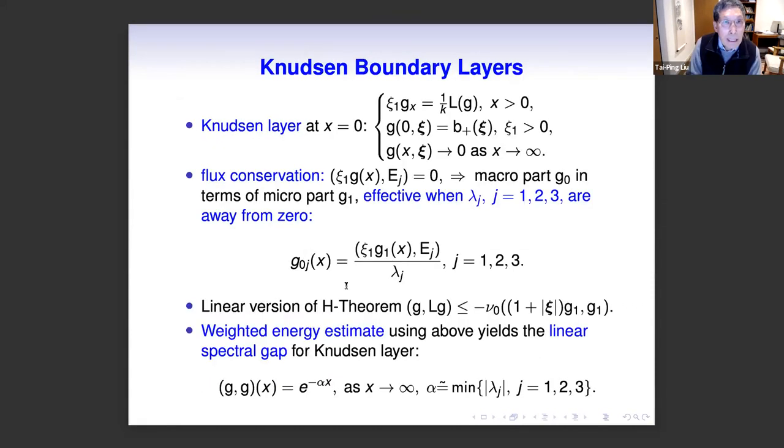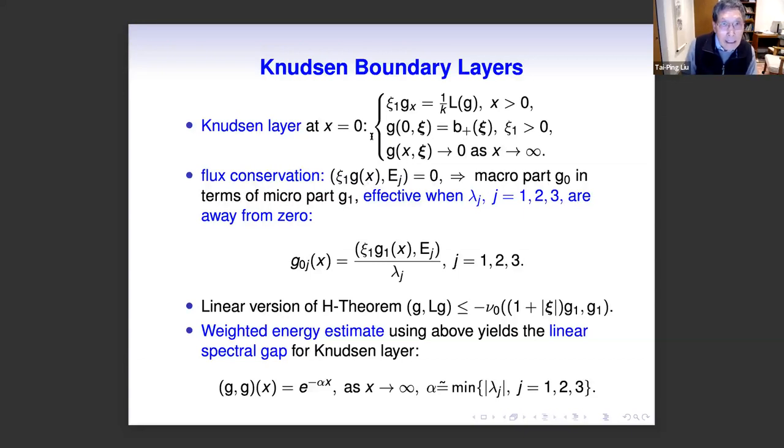Now, how does one study the Knudsen layer? Here is the equation up there, and let's linearize the problem around the Maxwellian at infinity. So G, which is a perturbation, will go to 0. The original f of the nonlinear problem goes to M infinity, and the linear one goes to 0.